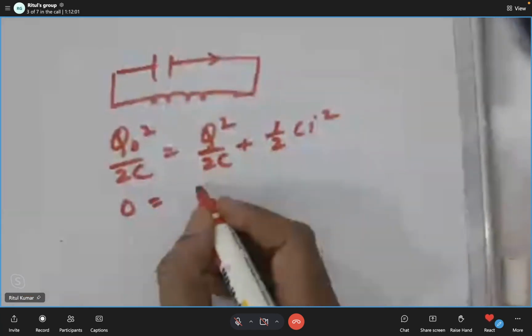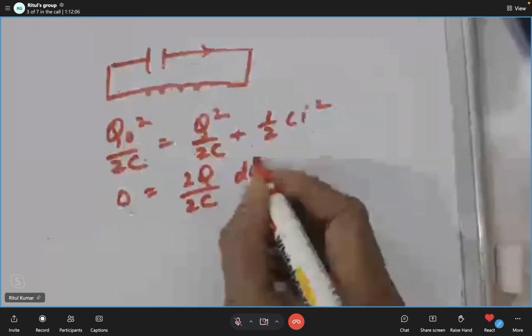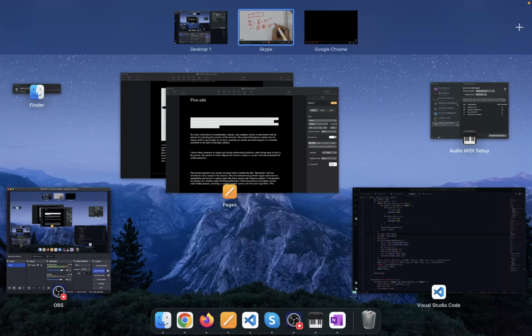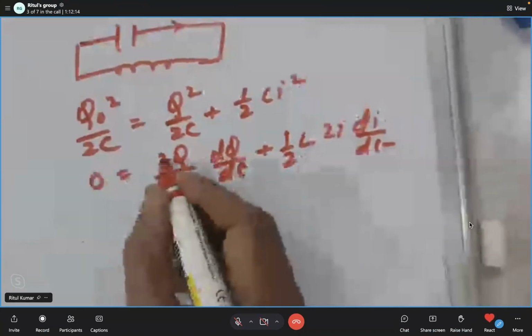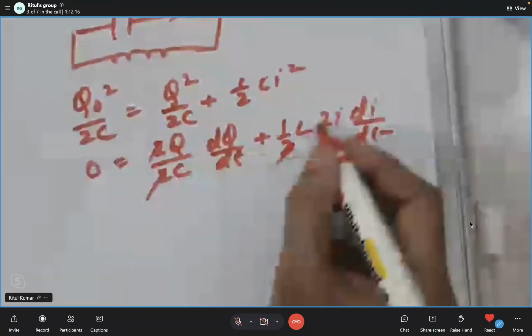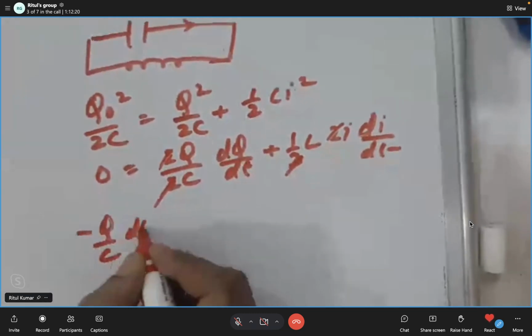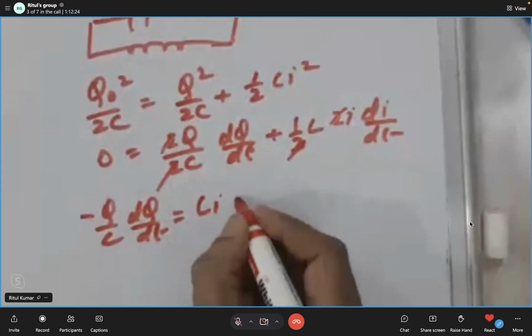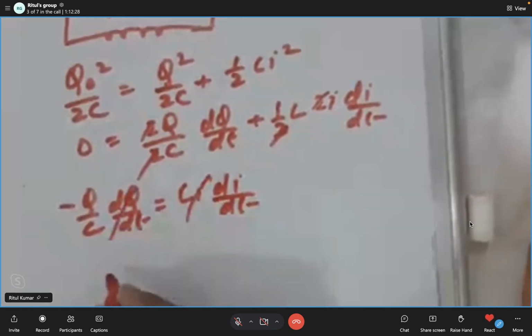Differentiated, this becomes 0. This is twice of Q by 2C dq by dt plus half L twice of i di by dt. 2 and 2 gone, 2 and 2 gone. Okay, minus of Q by C dq by dt is equal to L i di by dt. i is gone.